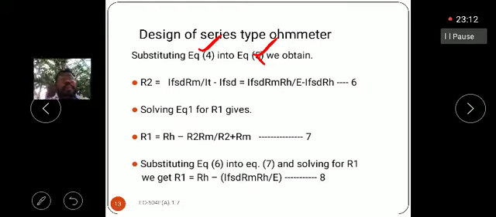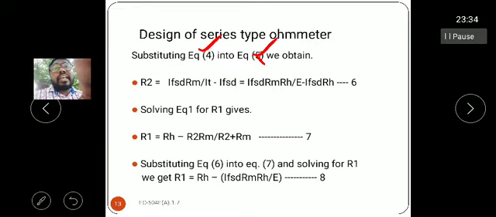In this observation, what we have to understand is the design of the series type ohmmeter. For the series type ohmmeter, you have to find out the resistances R1 and R2. R1 and R2 can be found with the help of these relations.